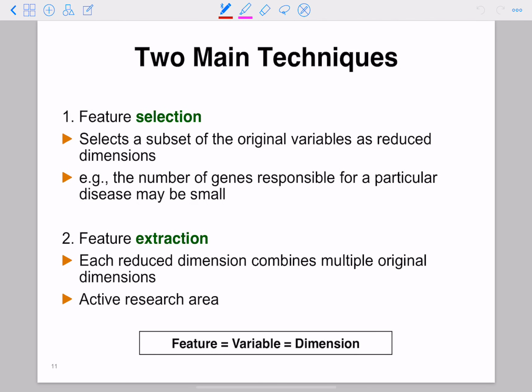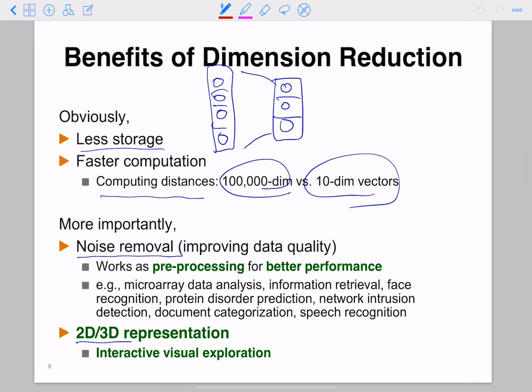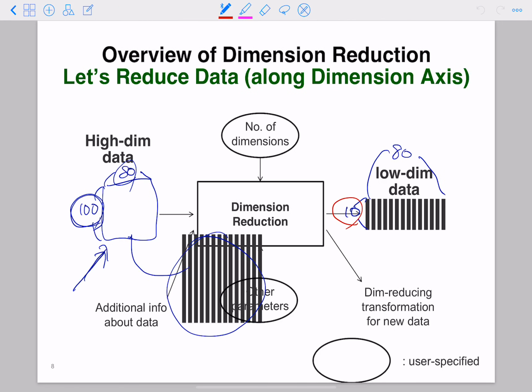Okay, so there are two different techniques for dimension reduction. The first one is feature selection, and we already studied this feature selection. It is like an output of this dimension reduction result. Feature selection is basically selecting 10 optimal features out of 100 features.